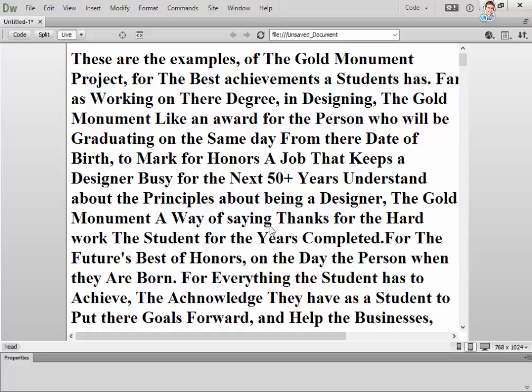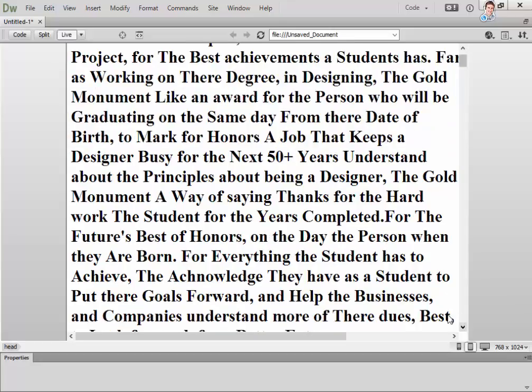The Gold Monument is a way of saying thanks for the hard work of the student, the years completed for the future's best of honors, and for everything the student has to achieve, the knowledge they have as a student to put their goals forward, and that will help the business as well.